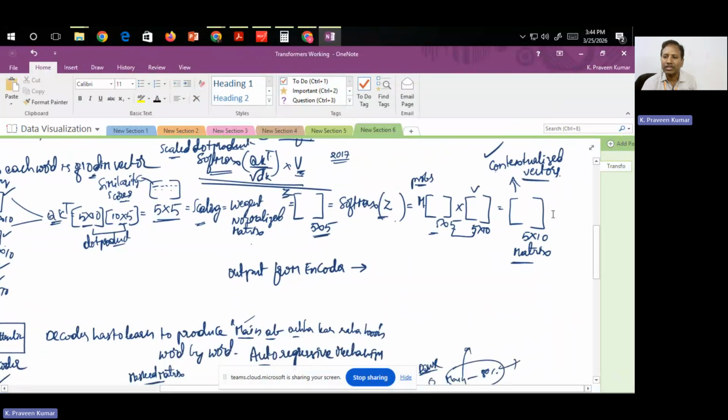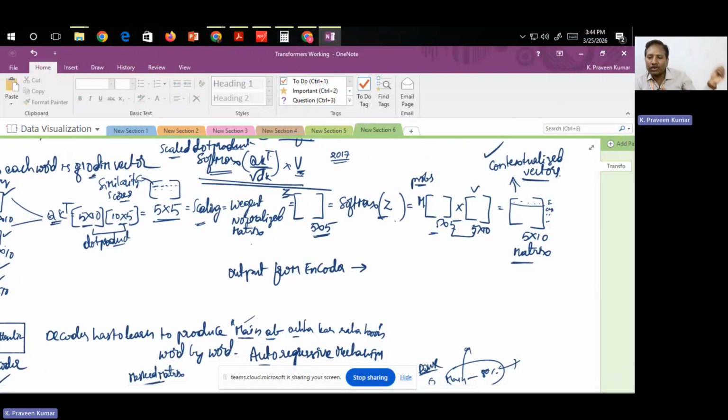Ultimately he has found these contextualized vectors. Now this is nothing but the vectors of the words I, am, doing, good, now. It is the same thing, but whatever the vector representation is there, those became better.